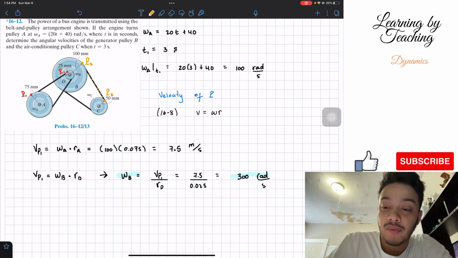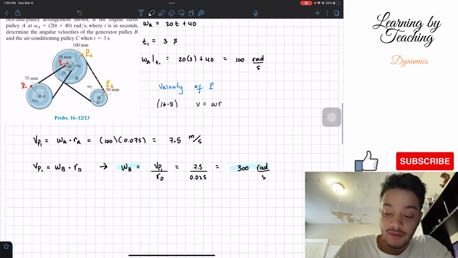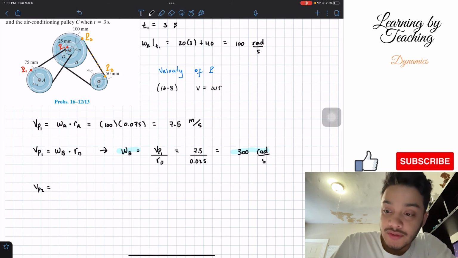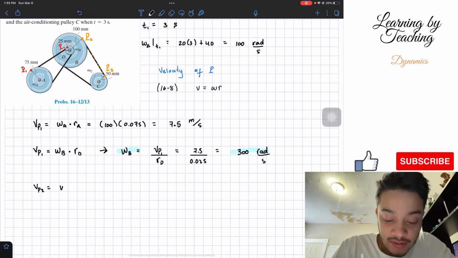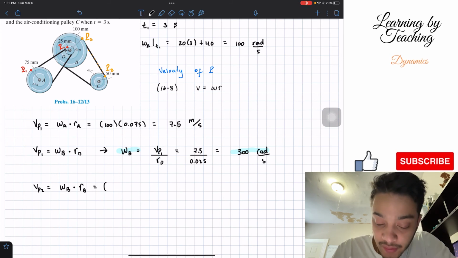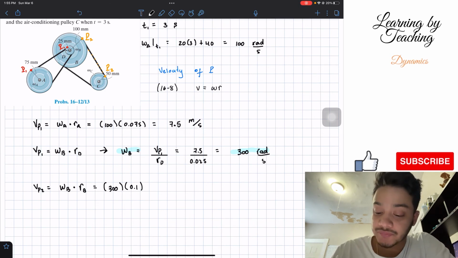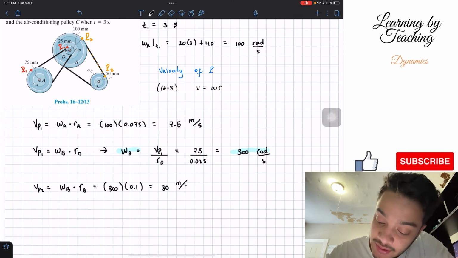So the velocity of point 2, analyzed with respect to the angular velocity of disk B, is the angular velocity of B multiplied by the radius of B. We know both of them: 300 multiplied by the radius, which is 0.1 meters. When we multiply this, we get a total of 30 meters per second.